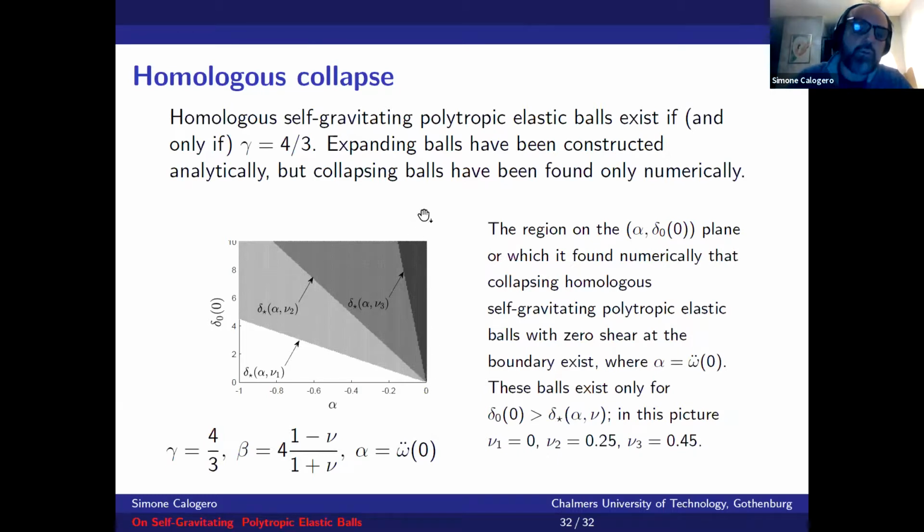So what we can conclude, which is not surprising at all, is that there are more solutions of collapsing homologous balls in the elastic case than in the fluid case. But that's a very weak result, I would say. That is actually my last slide. So I stop here and I thank you for your attention. Thank you.